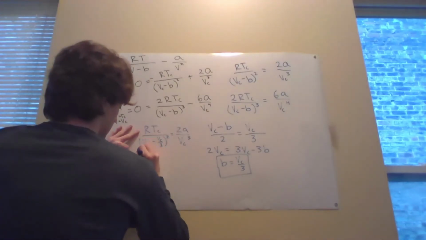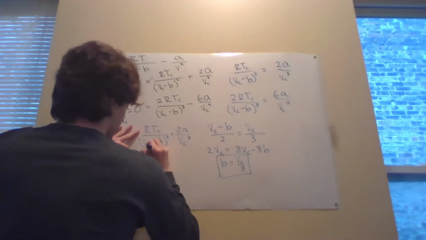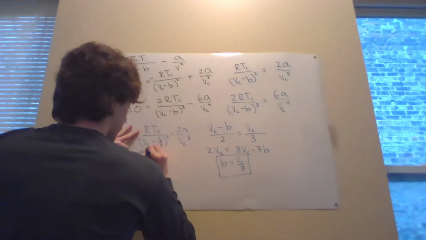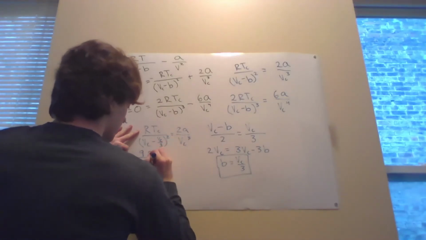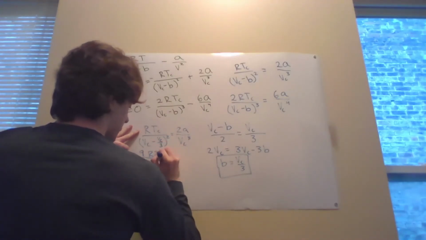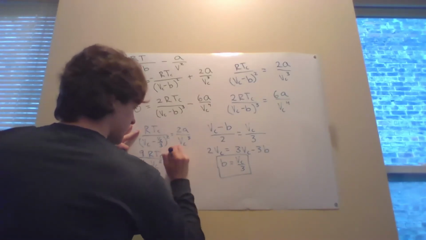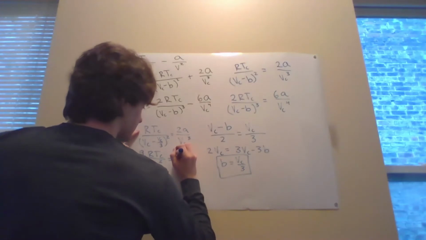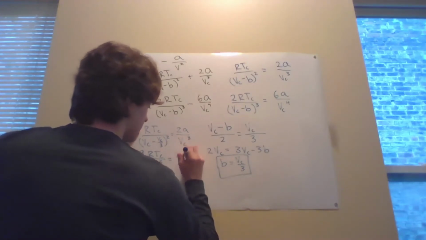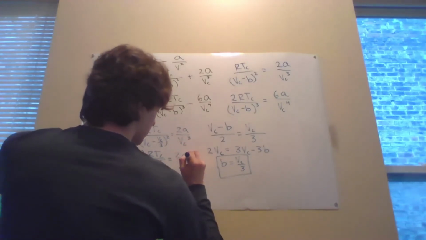So it'll be 9 over 4 times R times the critical temperature over the critical volume squared equals 2 times A over critical volume cubed.